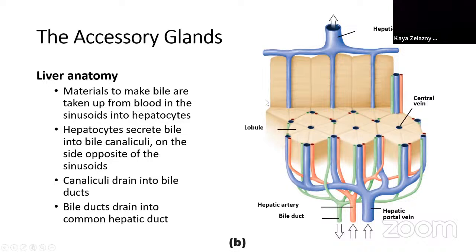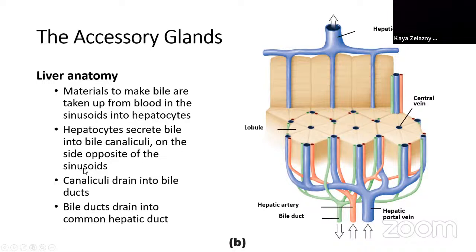The cells that are going to be secreting and producing that bile are called hepatocytes. Hepato for liver, so basically just liver cells. They're going to secrete the bile into the bile canaliculi, the little tubes that are going to be on the opposite side from the sinusoids.